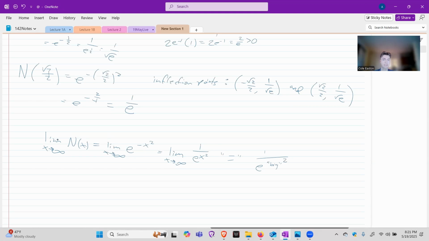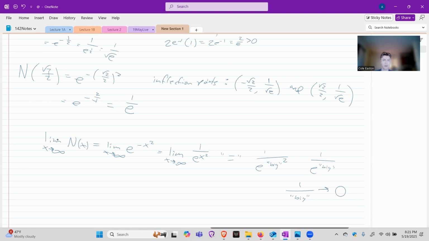Because that is our x that's approaching infinity. And so that's 1 over e to big number squared is big number. And then 1 over e to big number is 1 over big number. And that is going to approach 0.